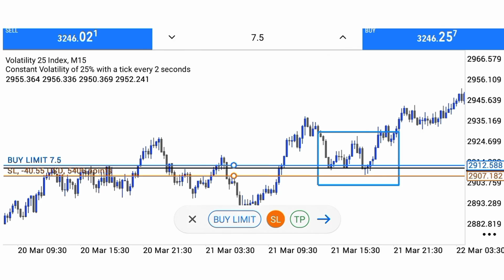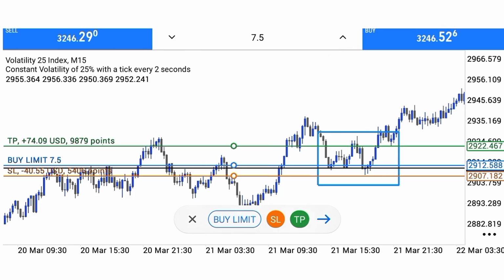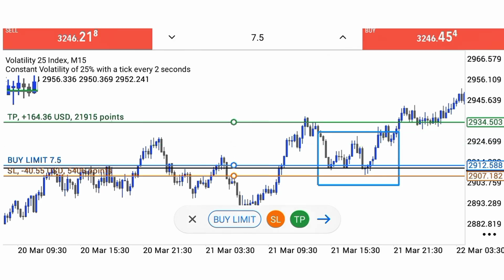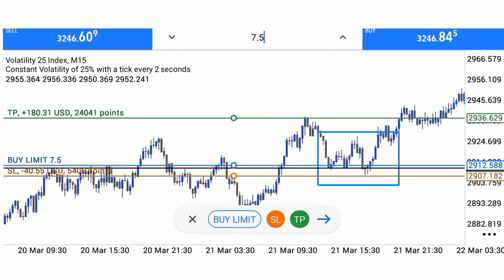Let's see, what can I do for my take profit? My take profit should be at the top here. So if I risk $40 for this trade, I'm going to be making $180 as my profit. This is a very beautiful risk. These are the type of trades that I like to trade, trades that will give me more profit.